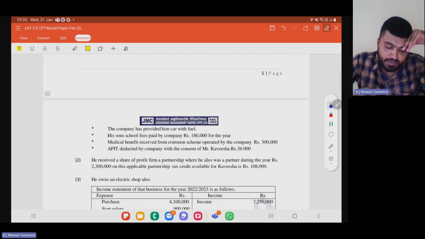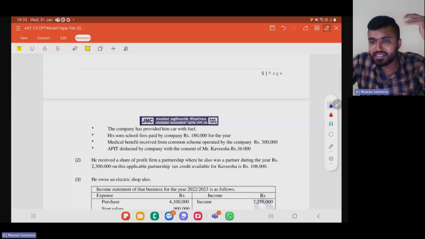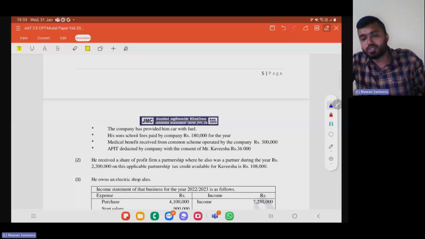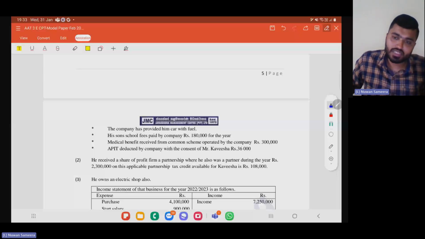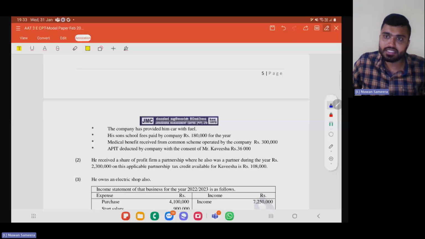The company has also provided him a car with fuel. Now you should know, if a car is provided, the rule is that irrespective of the capacity, you should take the value of the provided vehicle as per the guideline given by the Inland Revenue Department.